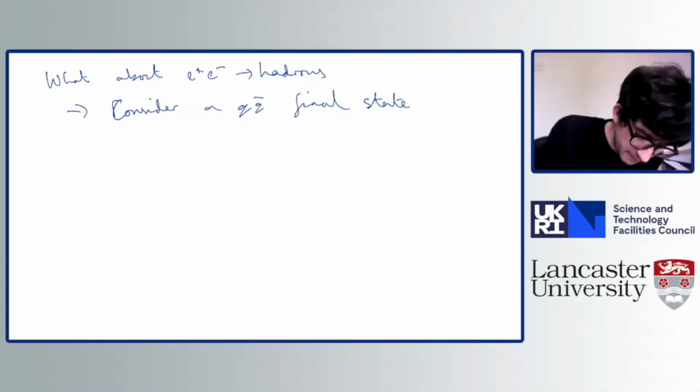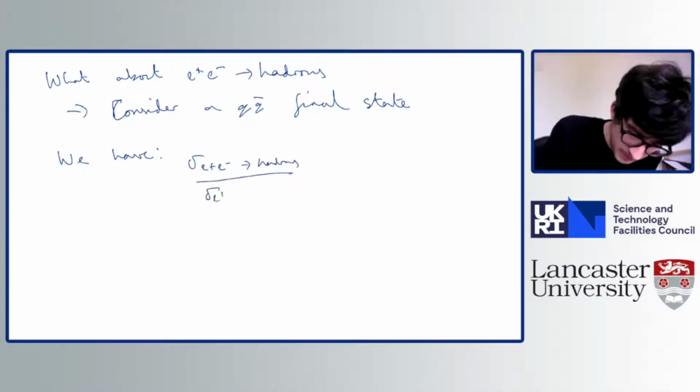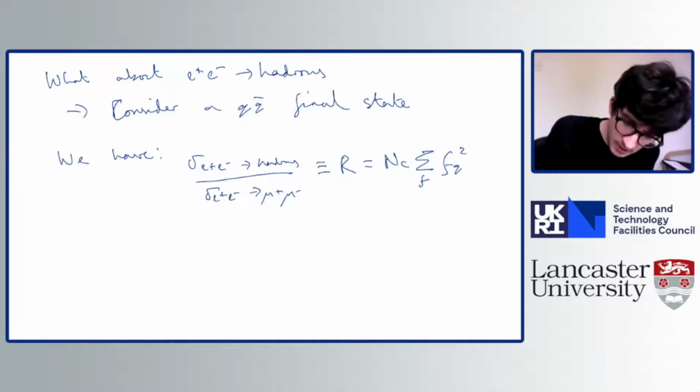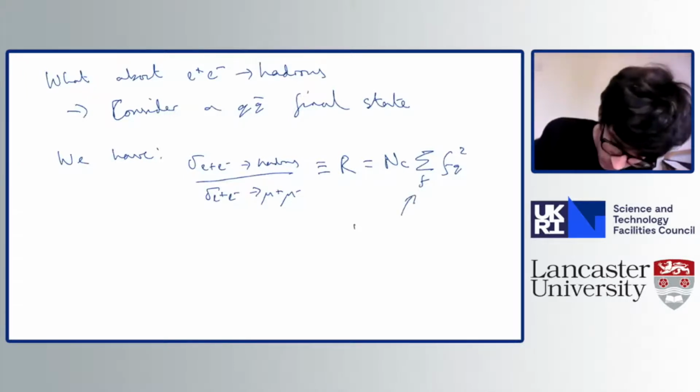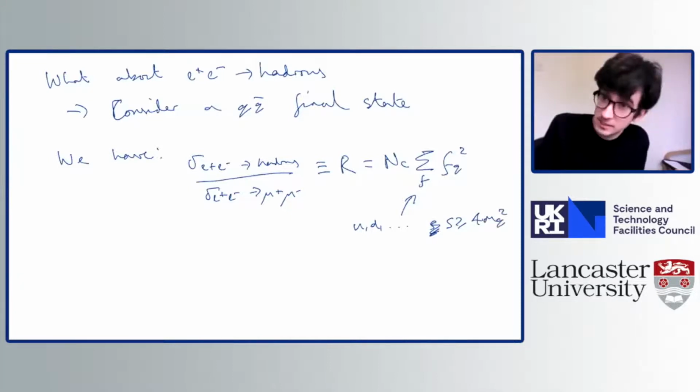And so, recapping what you had perhaps, the ratio of E plus E minus to hadrons over E plus E minus to mu plus mu minus, which we define to be this thing called R, is equal to NC, the number of colors, times the sum over the fractional charges FQ squared, where this is a sum over all of the different quarks that one can produce, provided that the center of mass energy is large enough.